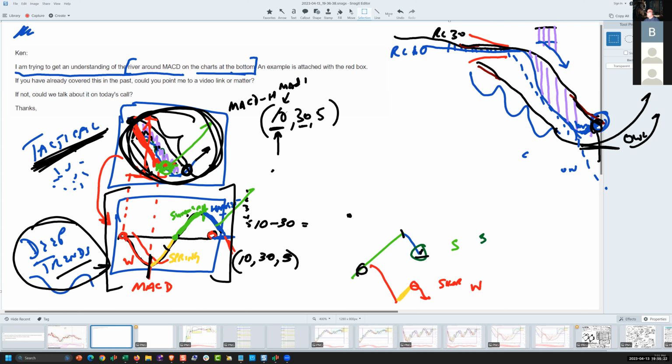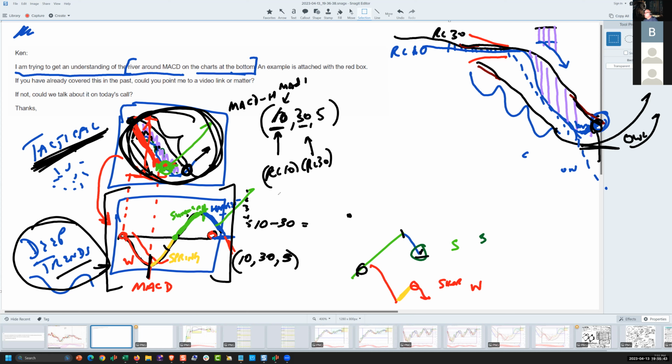So the parameters we have are the 10, but we're using the RL10 as the moving average. And then this one means it's looking for the RL30. So you have to go in and choose that as the minus parameter.